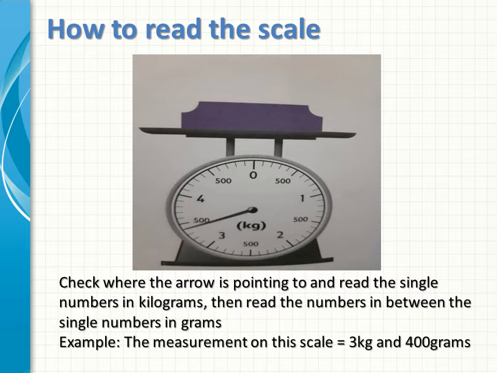It's pointing to the lines in between. It has passed 3, but it is not up to 4. Because it has passed 3, we will say it is 3 kilograms, and we will now see how many grams we have from the lines in the middle. We have 1, 2, 3, 4 lines. So it means it is 3 kilograms and 400 grams.